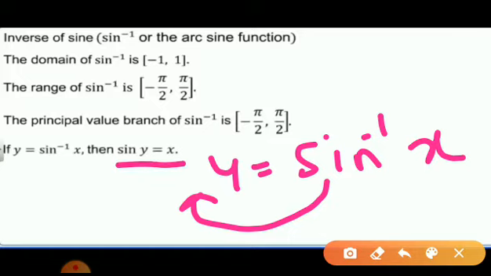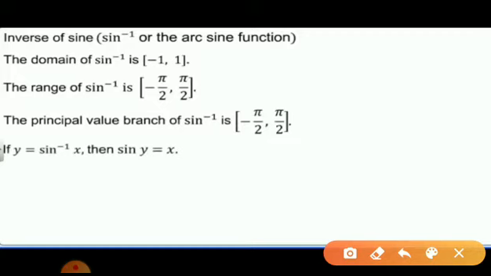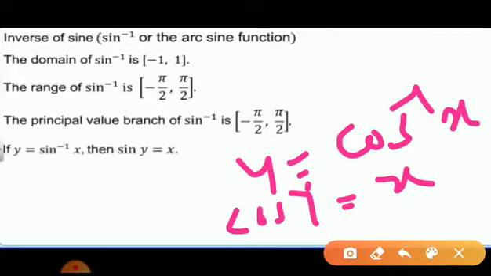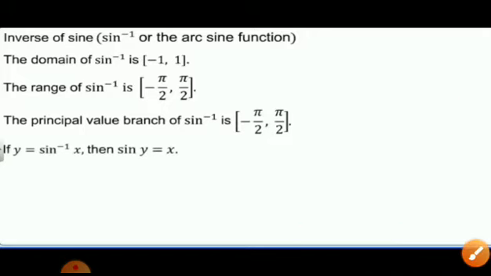Then it becomes sine y equal to x. Similarly, if I write y equal to cos inverse x, what can I get? It will be cos y is equal to x. Is that clear? It is not 1 by cos. I have to take that cos to the other side.